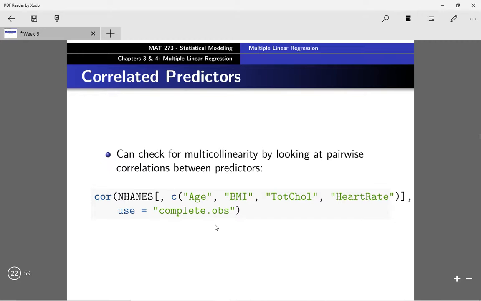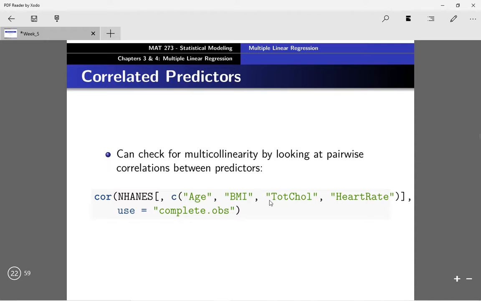So what can we do? Well, we can check for correlation between all the explanatory variables for one thing. So here, for example, I'm using the cor function, which stands for correlation, and then inside this code, I'm specifying the NHANES dataset, and then a square bracket, and this first argument is indicating which rows of the data set I want, which observations. So I'm wanting all of them, so I leave it blank. And then comma.